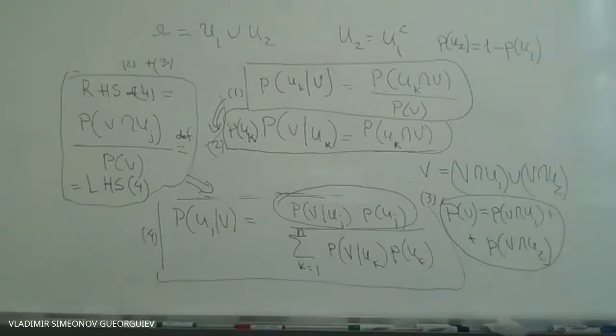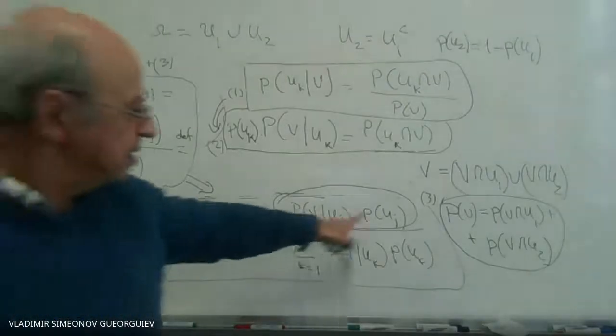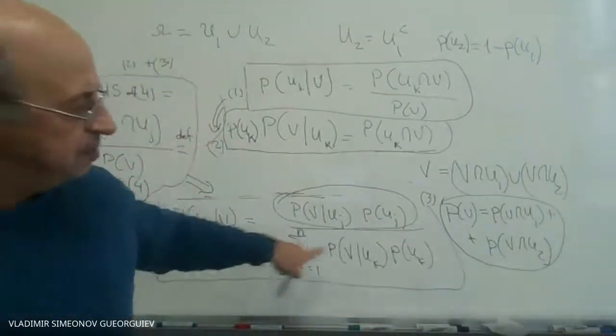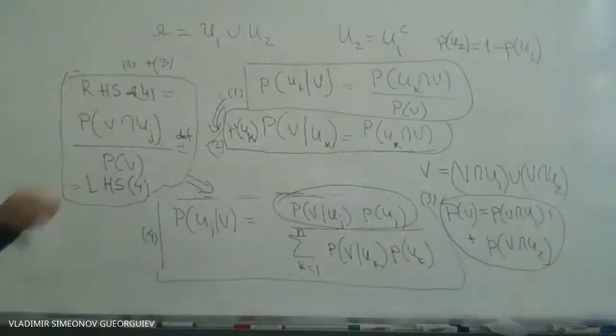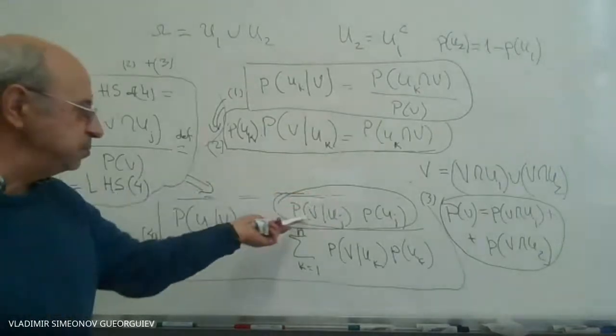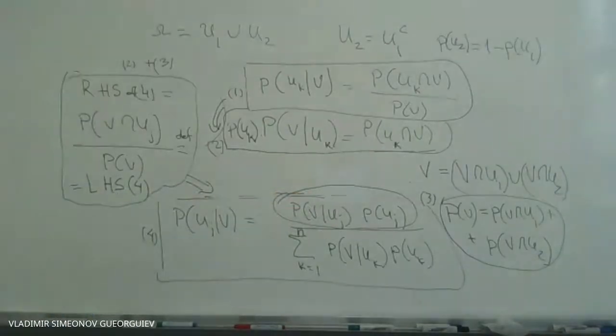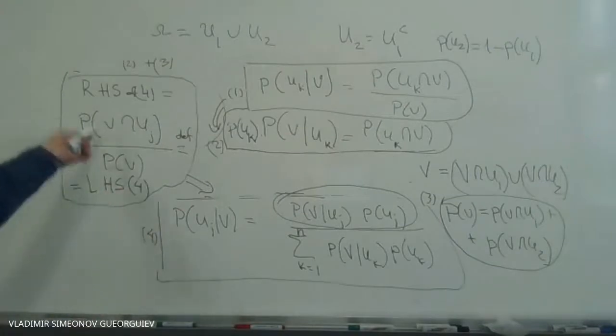As you already observed, this denominator is simply the probability of V, but this was used in our proof, and practically was the key point, while the numerator is simply the probability of V intersected with Uj. And of course, this quantity is our conditional probability. There we have an example.